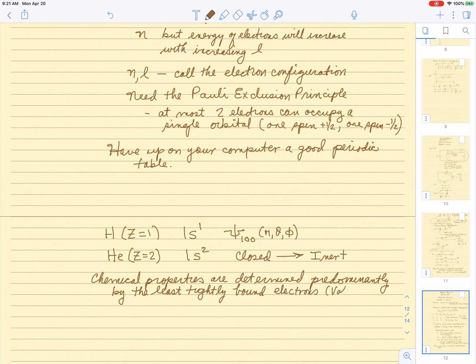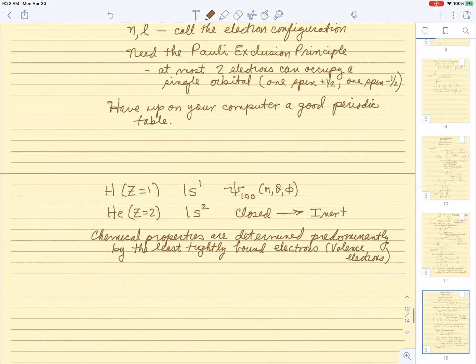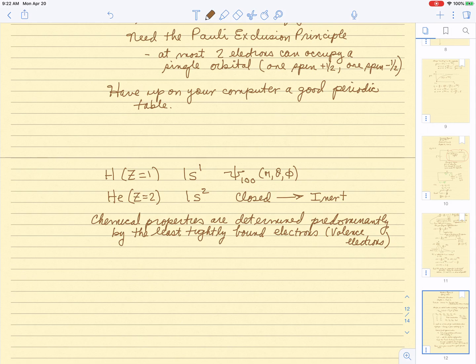And these are called valence electrons. And again, you might be familiar with that term from your exposure to some general chemistry.